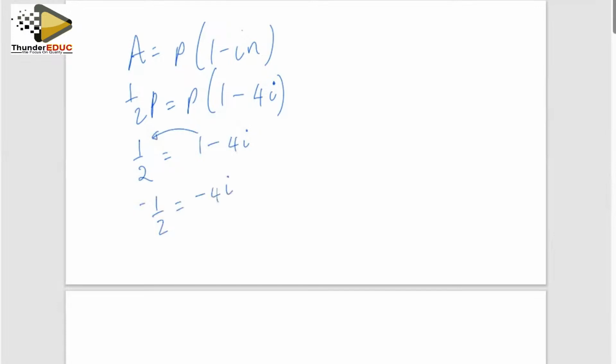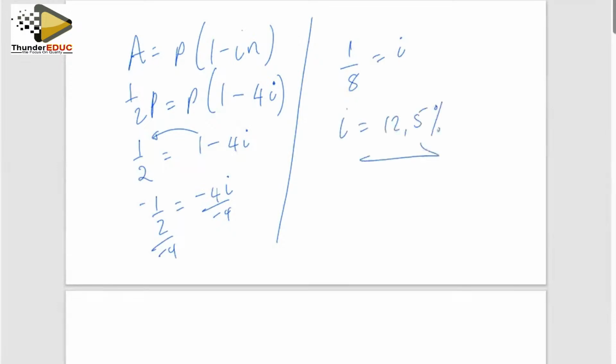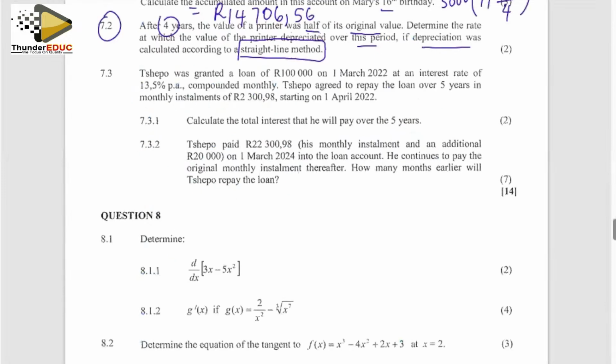Why don't we divide both sides by negative 4? So over negative 4 over negative 4, we end up with just 1 over 8 is equal to I. But since we're talking about interest rate, we just have to multiply this by 100, which means our I becomes 12.5%.